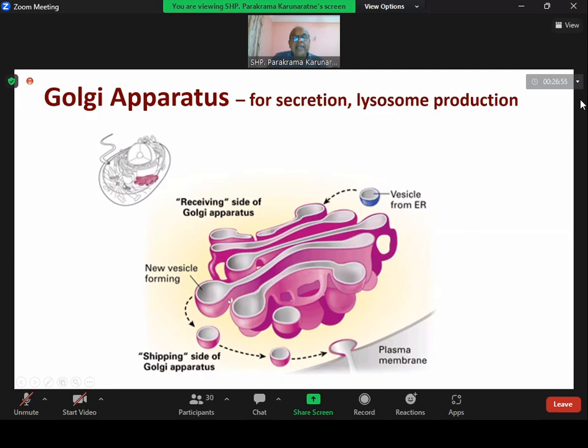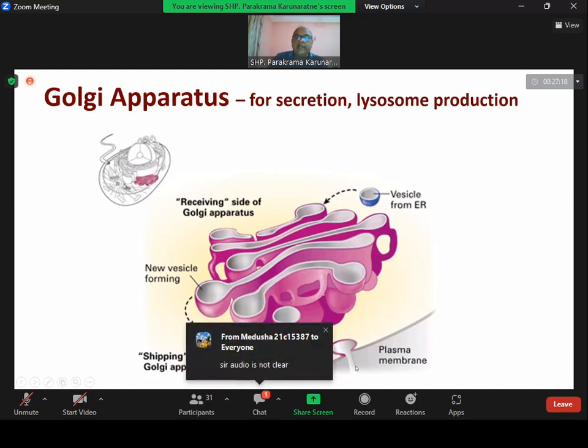Or they again make vesicles from the ends, and these new vesicles go and attach to the cytoplasmic membrane, or cell membrane, and put these things outside.